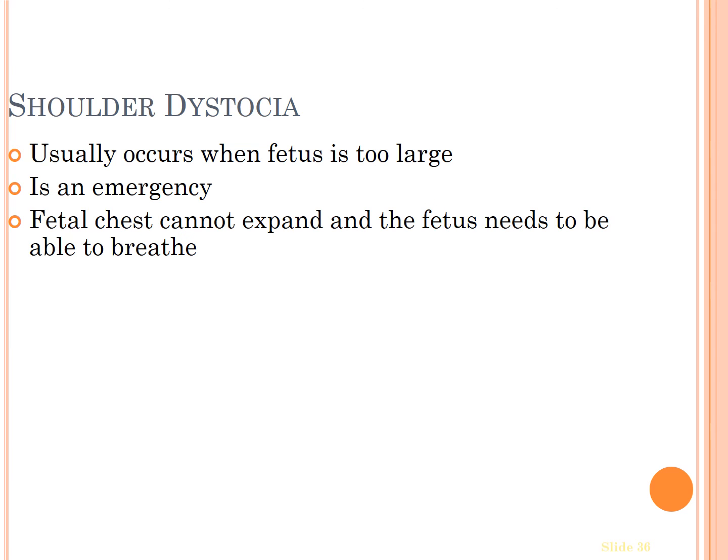Fetal chest, of course, cannot expand, and the fetus needs to be able to breathe. And so if that shoulder gets stuck, or those shoulders get stuck, then this can lead to brachial plexus injury and those nerves, and it's just not a good situation. Okay.